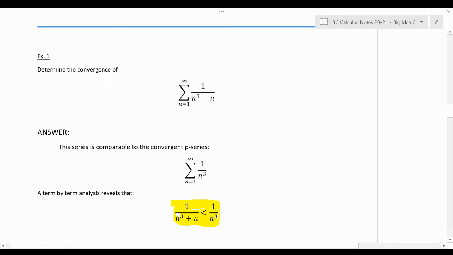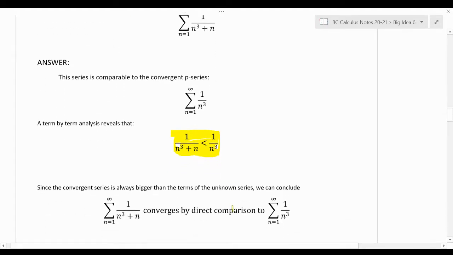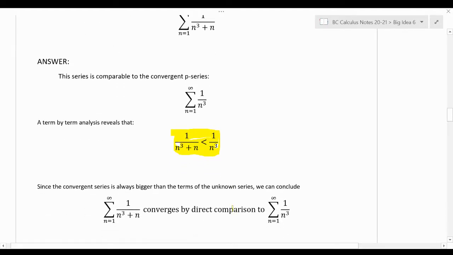Because term by term at the same n value, this unknown series is smaller than the known series 1 over n cubed, we seal the deal in saying that the 1 over n cubed plus n series converges by directly comparing it to the p series we know about with assurance, 1 over n cubed, that converges.